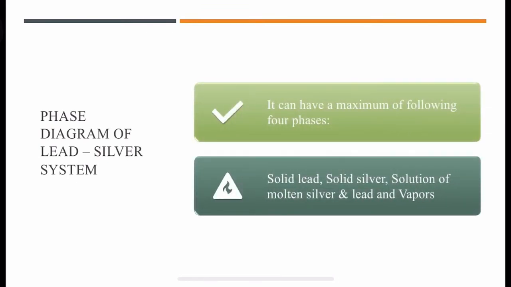So the lead silver system is a two component system, as you know. Here two components are present, lead and silver. In the phase diagram of this system, lead and silver are miscible with each other in the liquid state and do not react with each other. એટલે કે this is a simple eutectic system, or you can say the Pattinson method of desilverization, right?